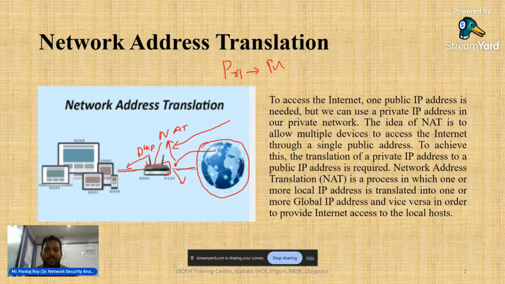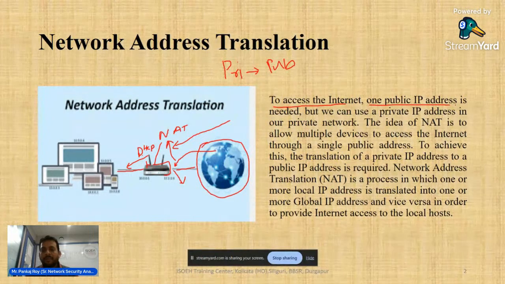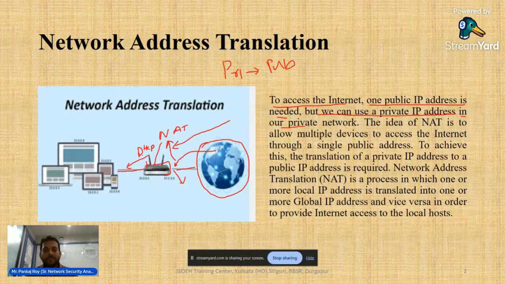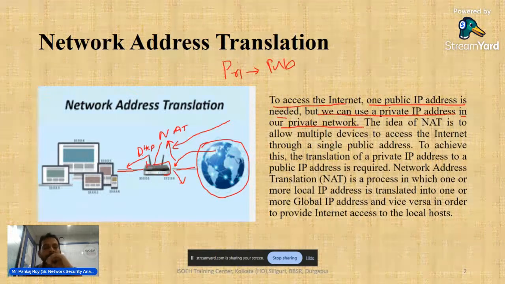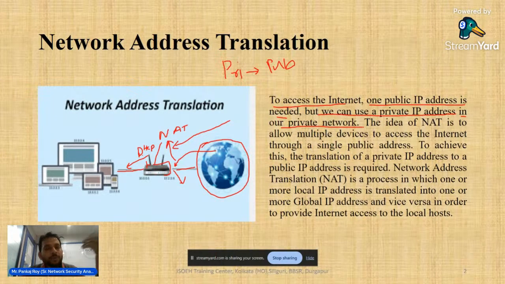So to access the internet, one public IP address is needed, but we can use private IP addresses in our private network. Now think about it: if you buy public addresses, a public address is costly, and maybe one public address costs 2000 per month.